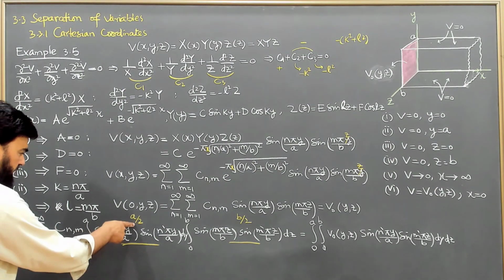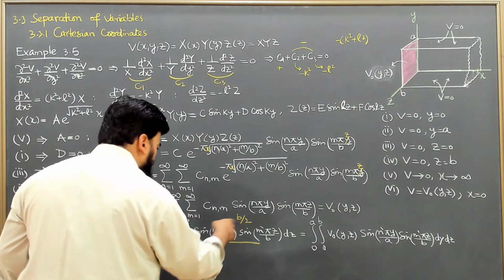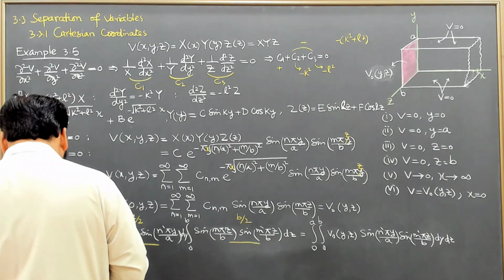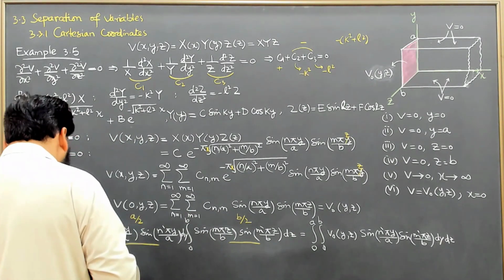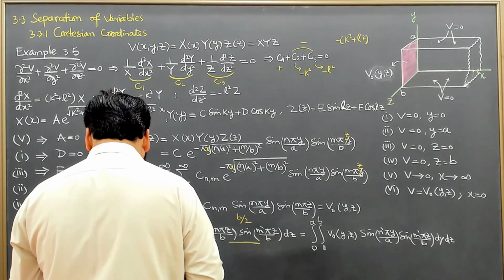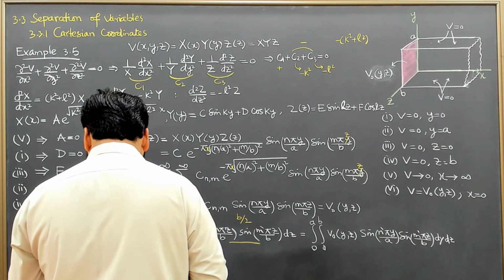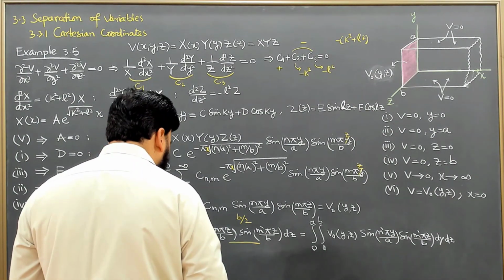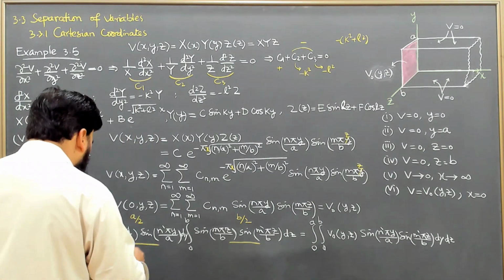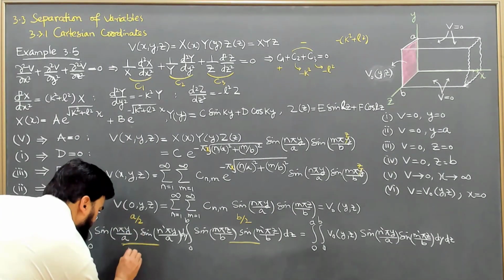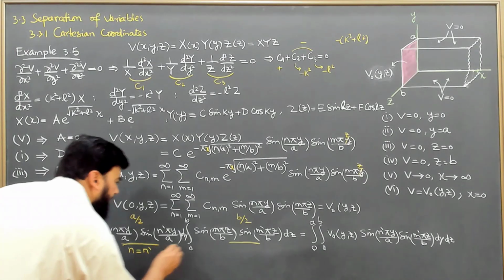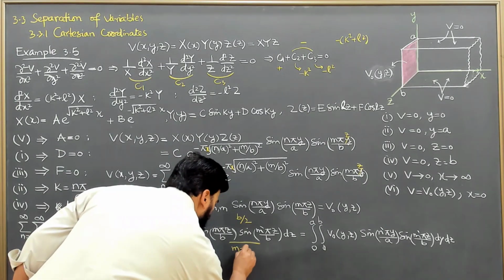It means that for this integral the result is a over 2, and for this integral the result is b over 2. The condition when this gives us the value is when n is equal to n prime and when m is equal to m prime.